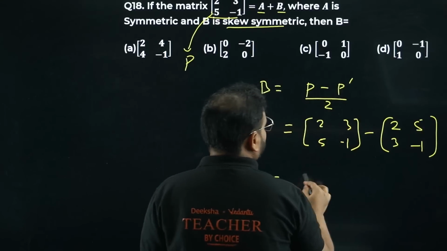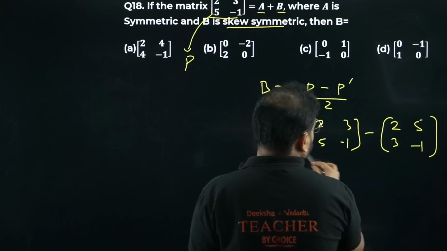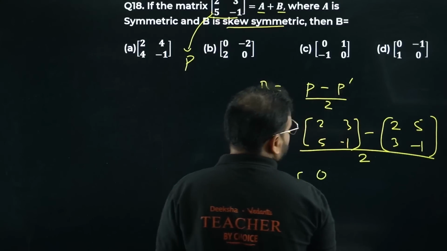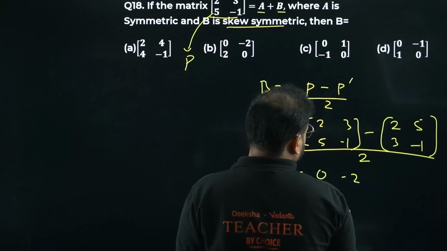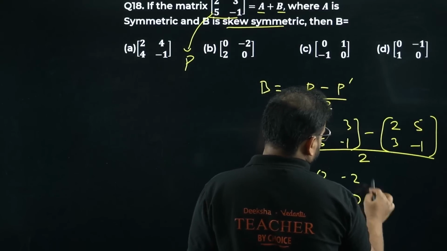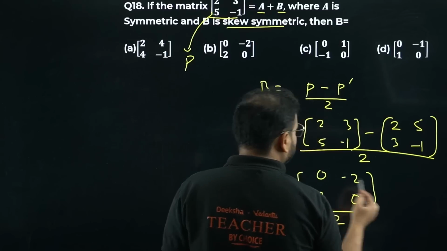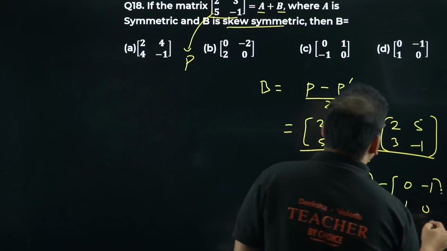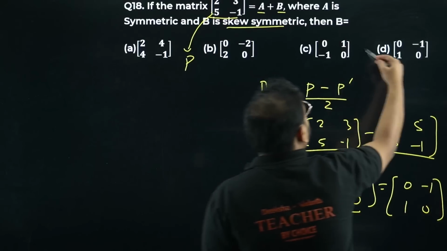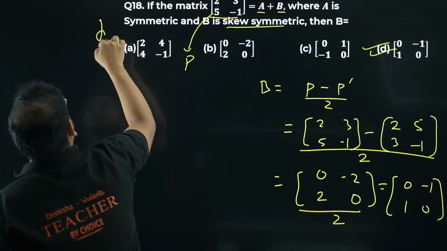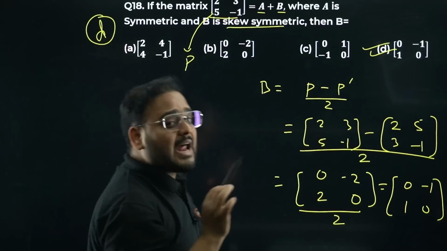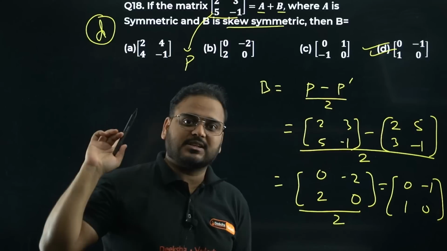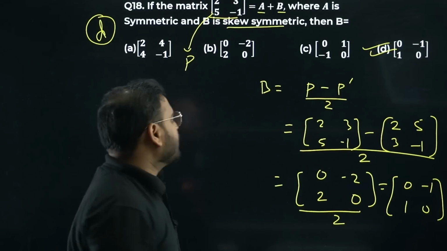Subtract now. What do I get? 0, and of course divide by 2 now. I get 0, I get minus 2, I get 2, I get 0 again. Divide by 2. So my answer will be 0, minus 1, 1 and 0. Option D is right. It's a very simple question, but it can be asked. You can see a similar kind of question has been asked in one of the PYQs, right? So it can be asked.